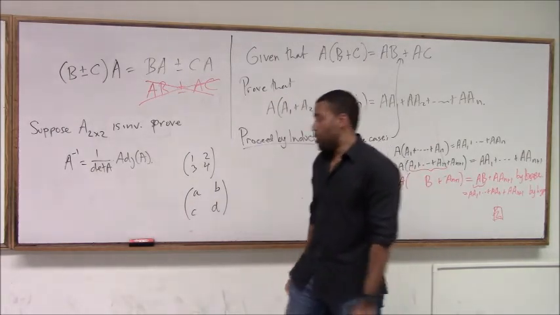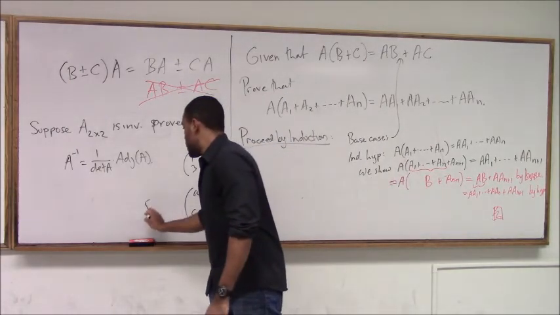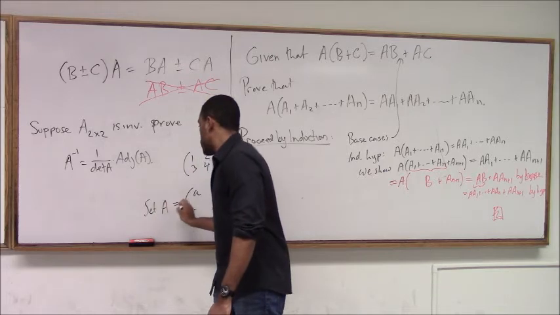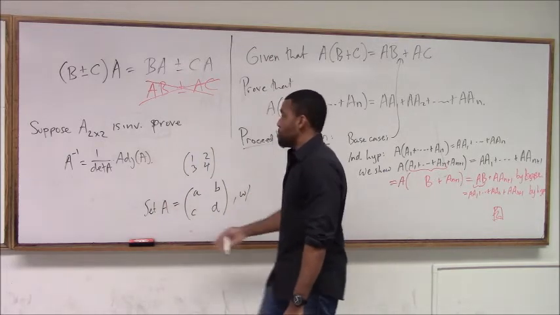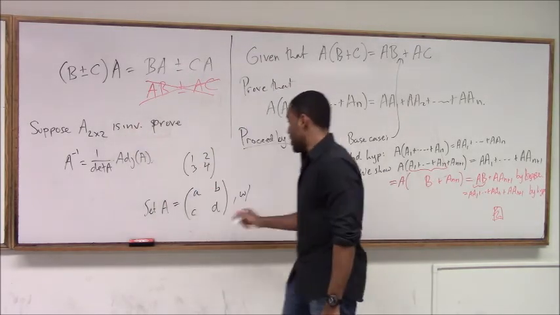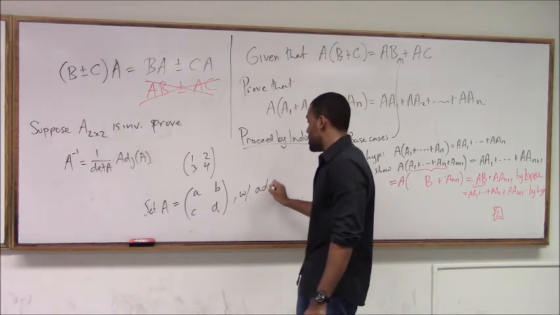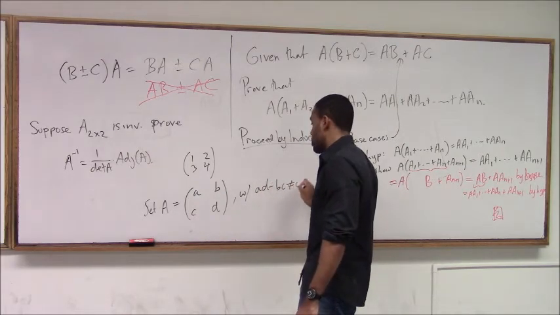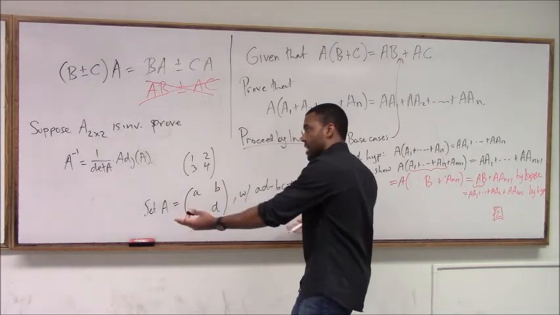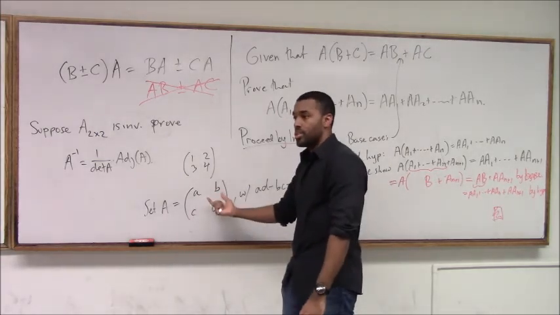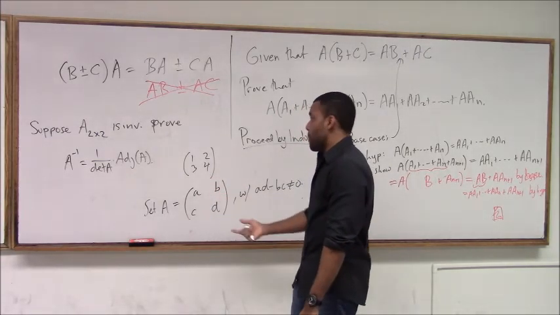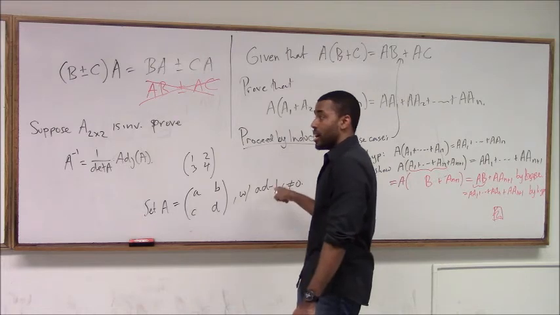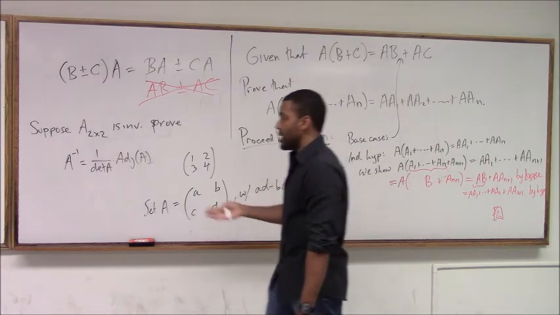In fact, that's probably how I would do it. I would say set A equal to this, and with me telling you it's invertible, you automatically know AD minus BC is not 0. Then you would compute its adjoint, multiply by 1 over this guy, and show that the result you get is the inverse.